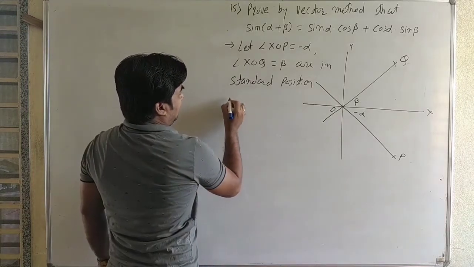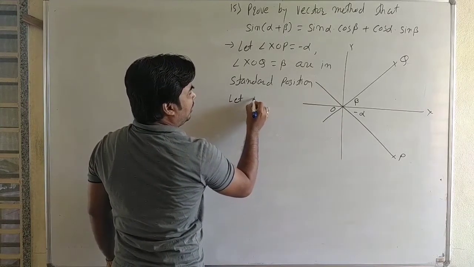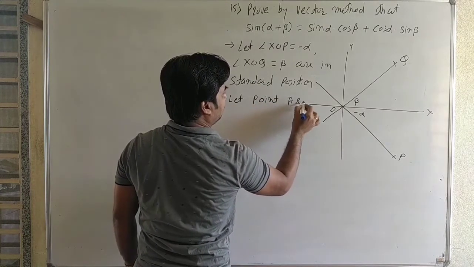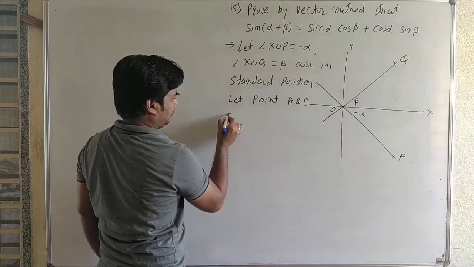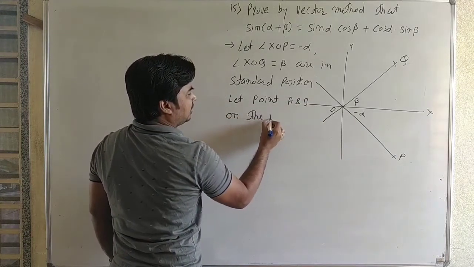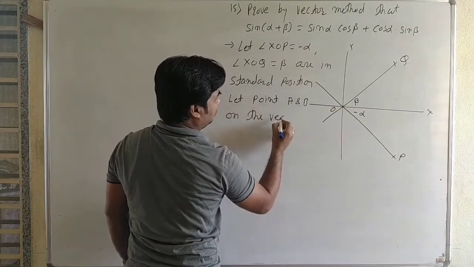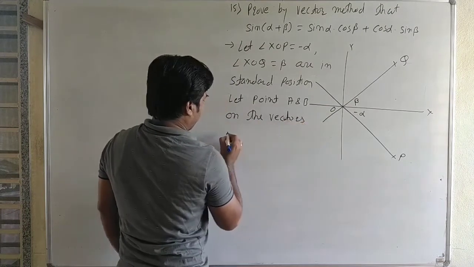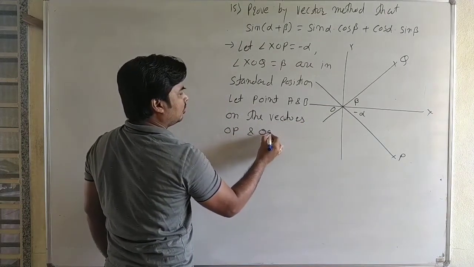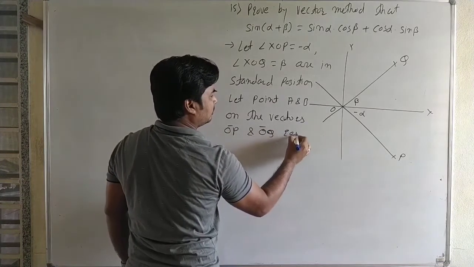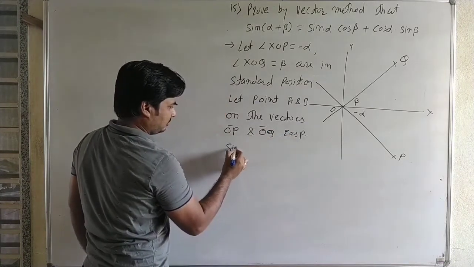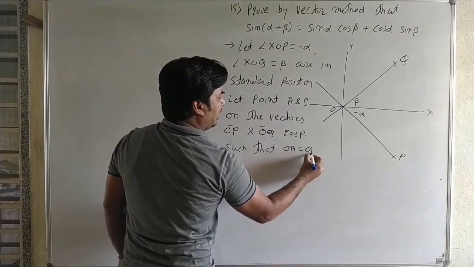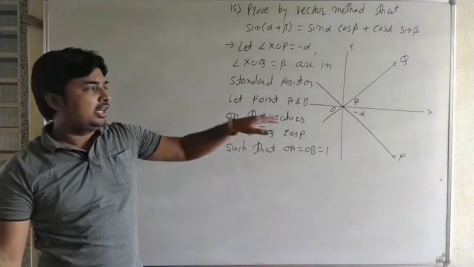Now let points A and B on the vectors OP and OQ respectively, such that length of OA and length of OB is equal to 1.